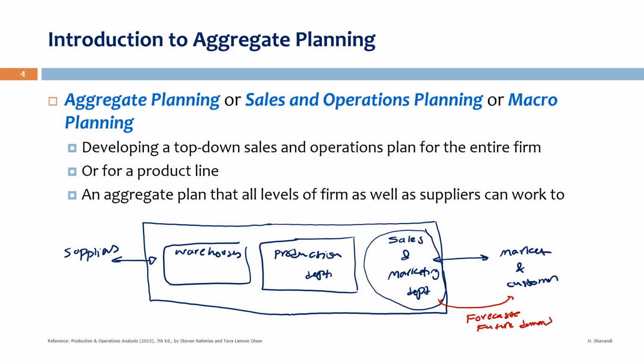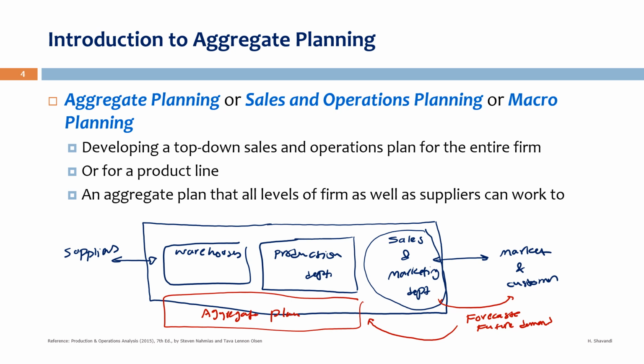Okay, and then this demand will be a given parameter here in order to prepare an aggregate plan. Okay, and this plan will be used in the entire firm, and it could be aggregated over the entire firm, or it could be aggregated over the family of products or product lines.